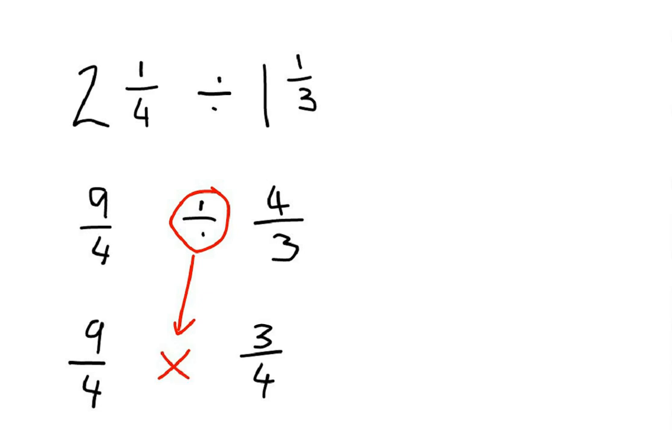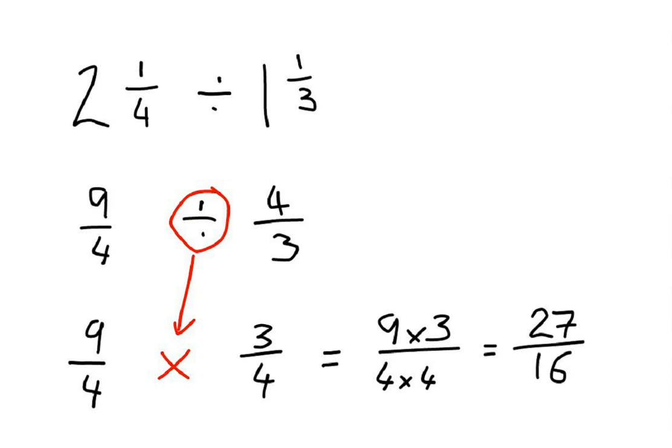So from there we can do 9 times 3 is our numerator, and 4 times 4 is our denominator. So 9 times 3 becomes 27, and 4 times 4 becomes 16. And remember, so 2 1/4 divided by 1 1/3 becomes 27/16.